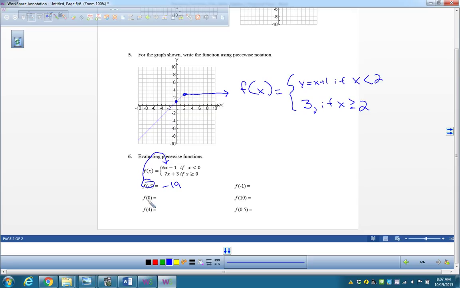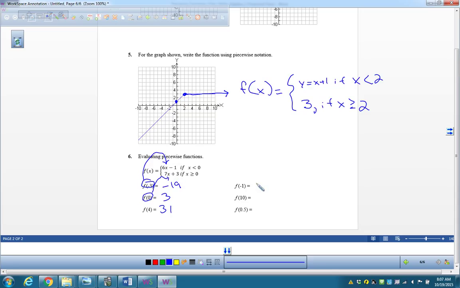Which function do I plug in f of 0 into? Top one or the bottom one? The bottom one, because it says greater than or equal to 0, I use this one. So I'm going to take 0 and plug it into here, which gives me out 3. What do I get out of f of 4, which one do I use? Top or bottom? Bottom, and I get out 31, I think, right? 7 times 4 plus 3, right?